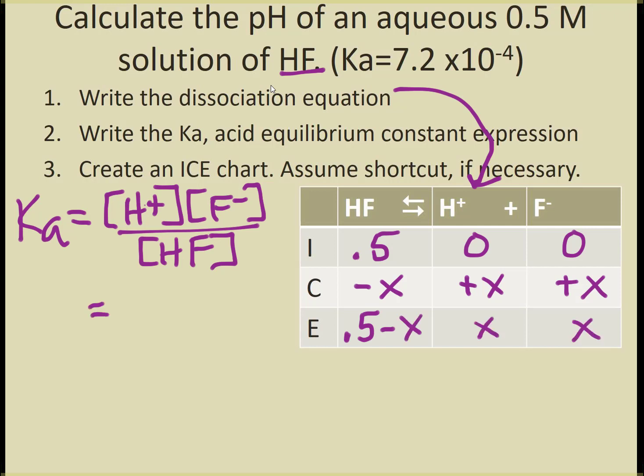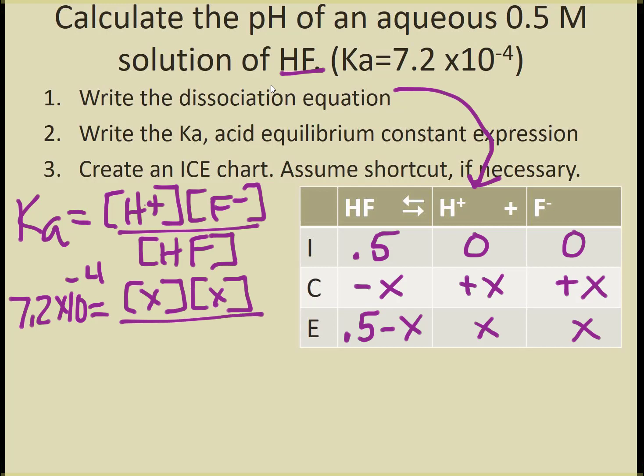I do know my Ka, it's given to me, and I can fill in what I know. I could put X times X or X squared here. Remember, for acid equilibrium, those two values are always going to be the same. I'm going to have to use the quadratic formula to solve for this, and the AP board will never require you to use that, so we're going to take the shortcut.